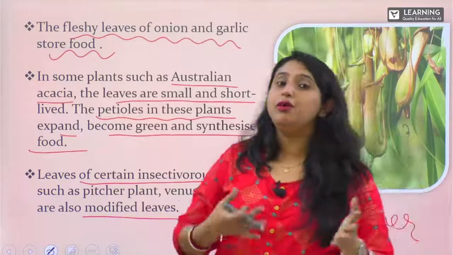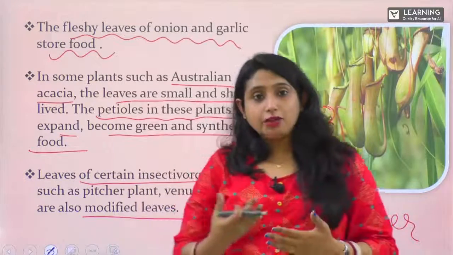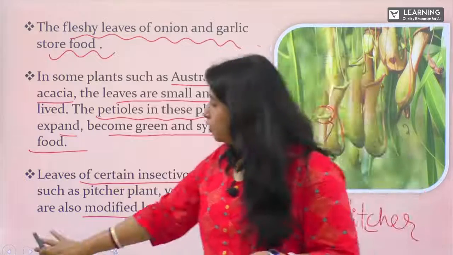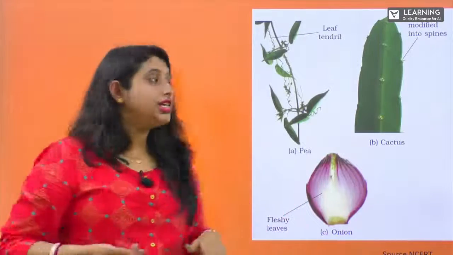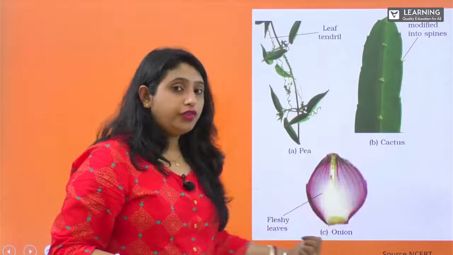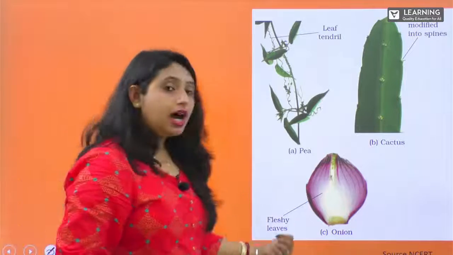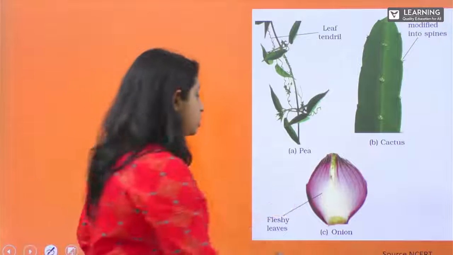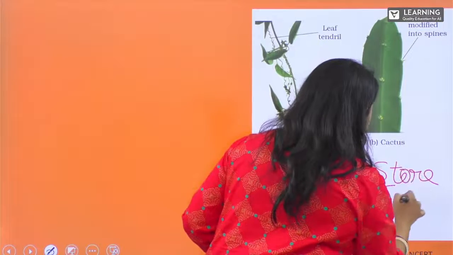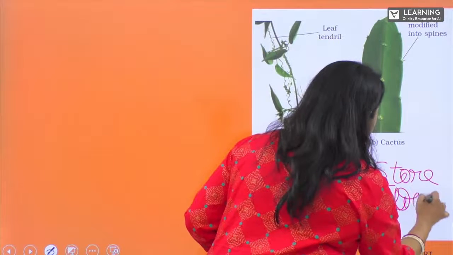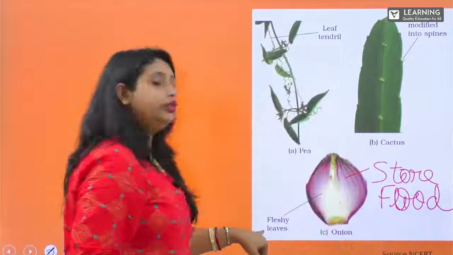We have learned about the leaves, about the types of leaves, and also we have seen about the modification of leaves. So this is the picture where you can see the onion. It modifies, right? The onion and the garlic. Why do they modify? In order to store food, isn't it? As you can see, these are the fleshy leaves of the onion.